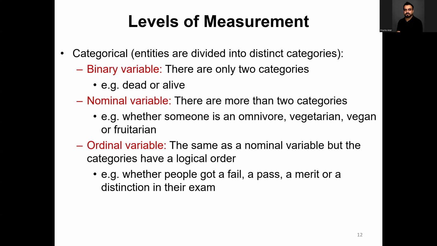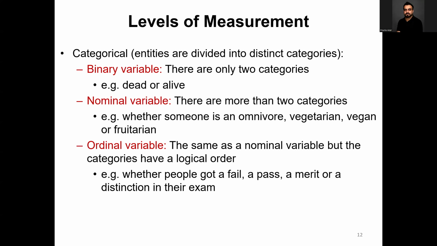The next level of measurement is ordinal variable. Ordinal variable is very similar to nominal variable, but the difference is there is a logical order. For example, whether people got a fail, a pass, a merit, or a distinction in their exam. There is ordinal there.